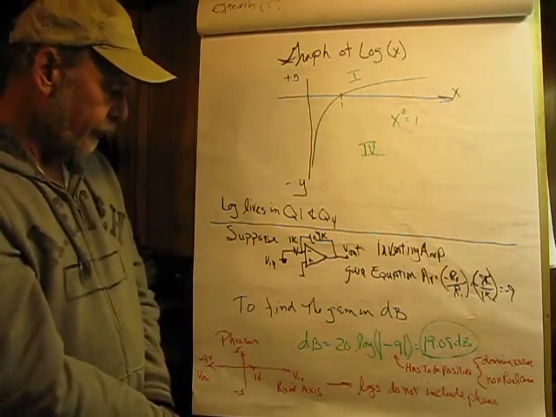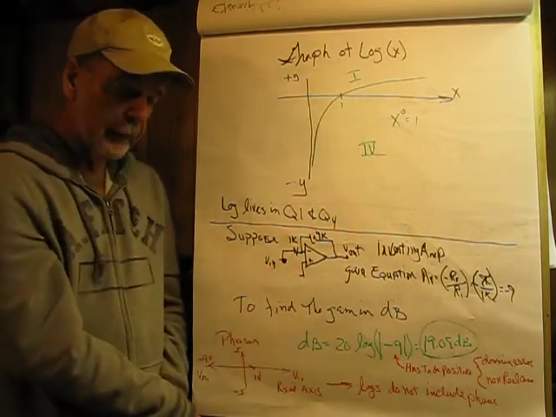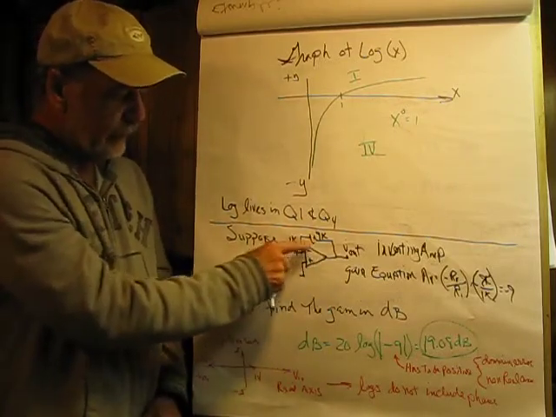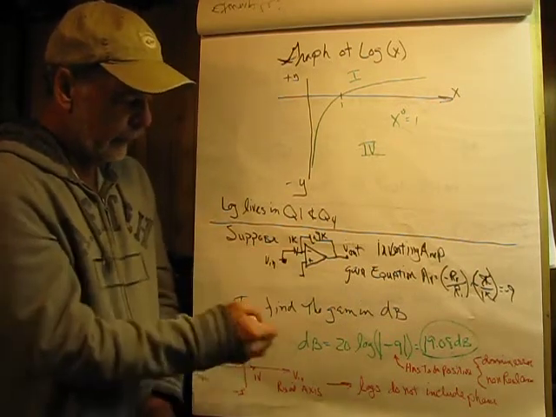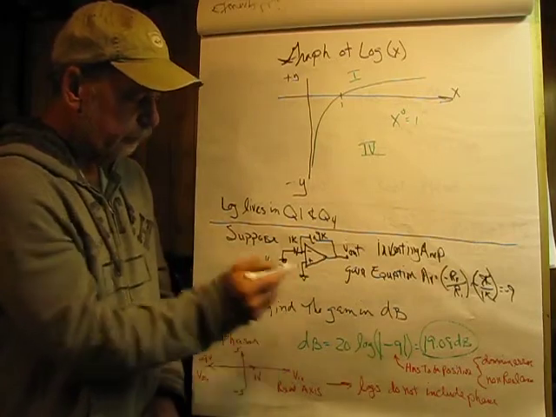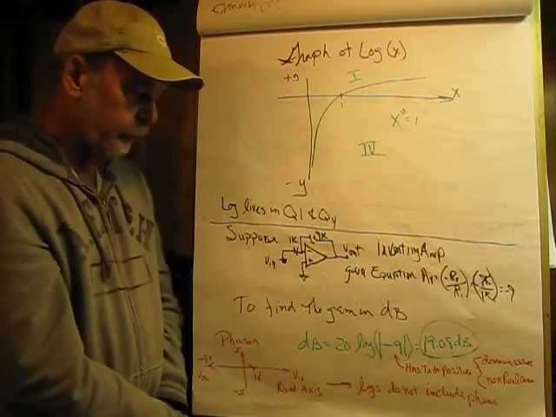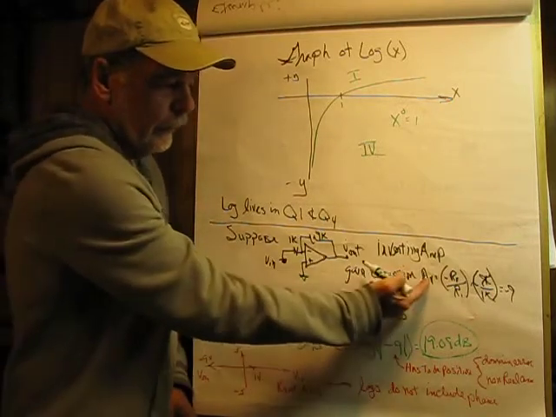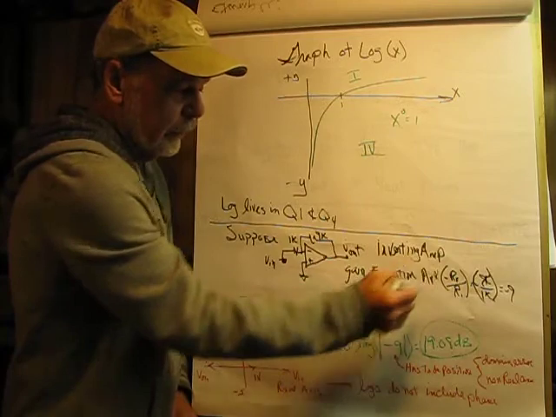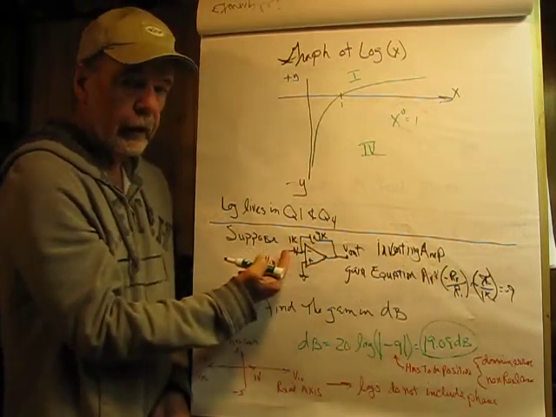Okay, suppose we have an inverting amplifier, a very simple op-amp, with 9K in the feedback path and 1K in the input path, and this here is a ground. This is an inverting amplifier, and the gain equation for this is approximately equal to negative RF over RI.